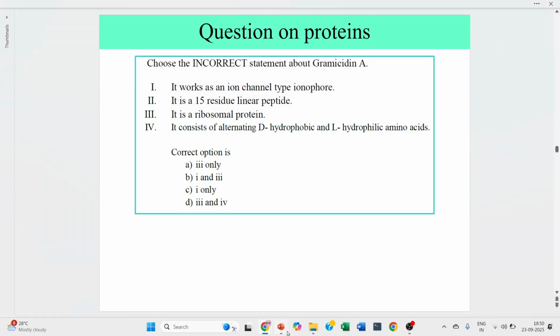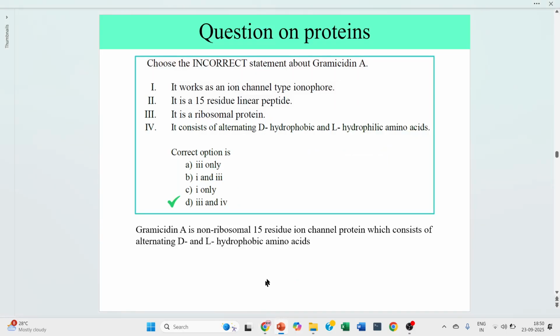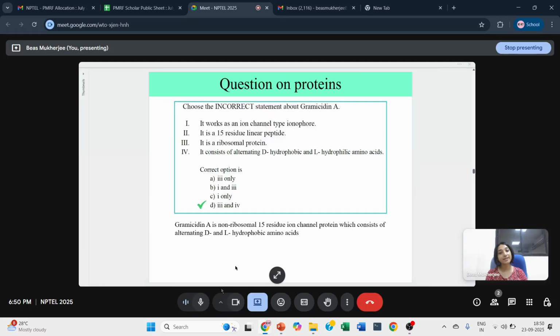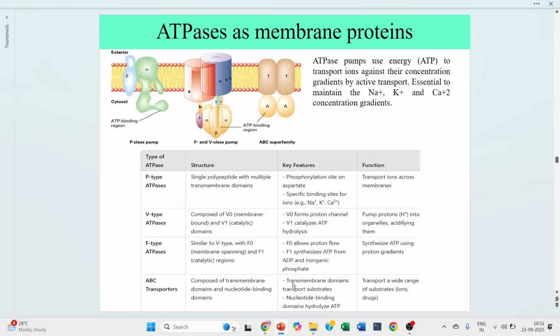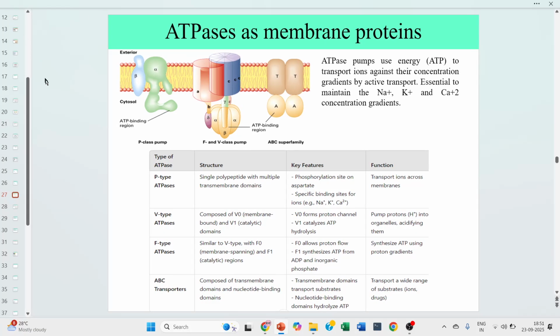So we'll have to look at this. Gramicidin A is a non-ribosomal 15 residue long ion channel protein which consists of alternating D and L hydrophobic amino acids. If we go back to the figure, we'll be able to see that. Now, ATPases as membrane proteins.